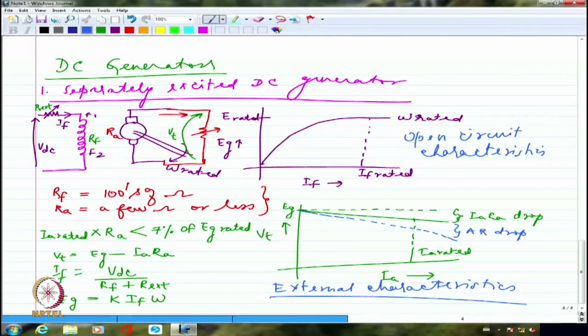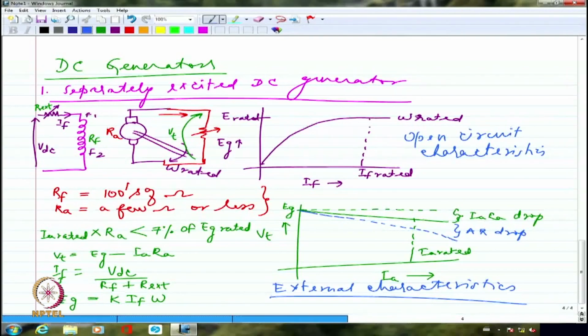The armature reaction drop occurs in a DC machine in addition to the IARA drop. The IARA drop is because of the physical resistance of the armature winding, whereas the armature reaction drop is essentially due to the armature flux interacting with the field flux and bringing down the overall value by some quantity.